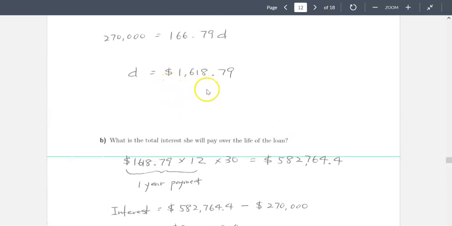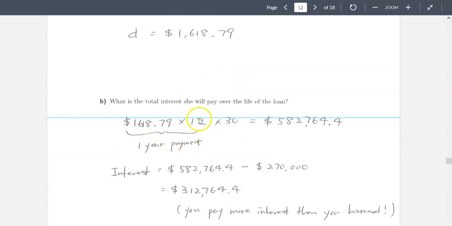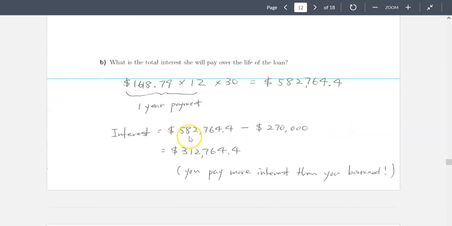You pay $1,618.79 every month. So let's figure out how much you pay for the entire loan. Multiply by 12 and times 30. That's how much you're actually paying to the bank, $582,764.40. But remember, you only borrowed $270,000.